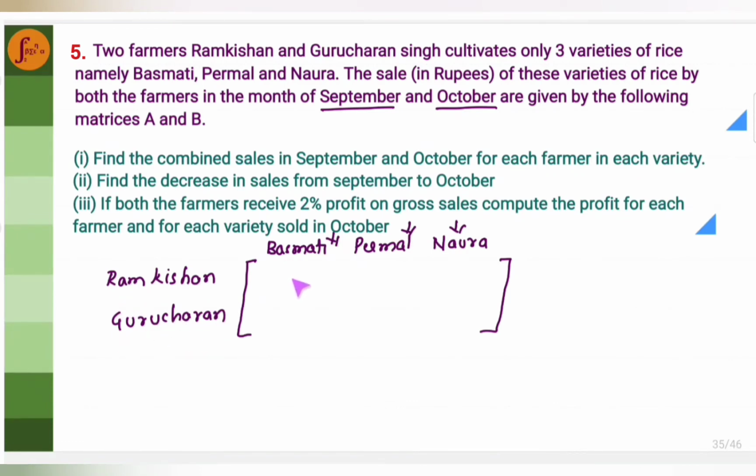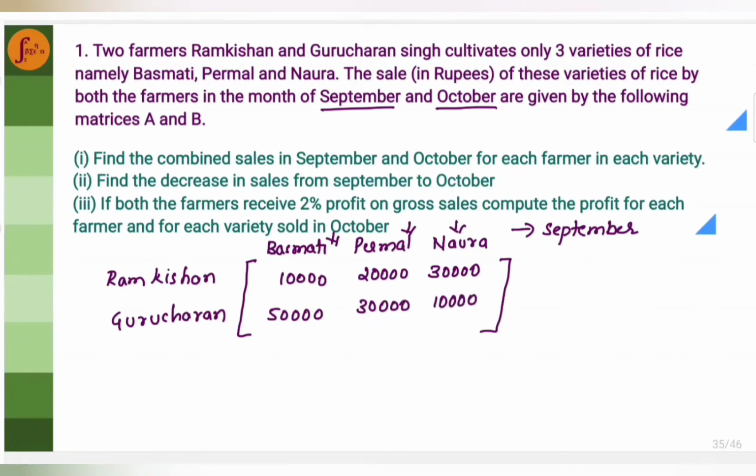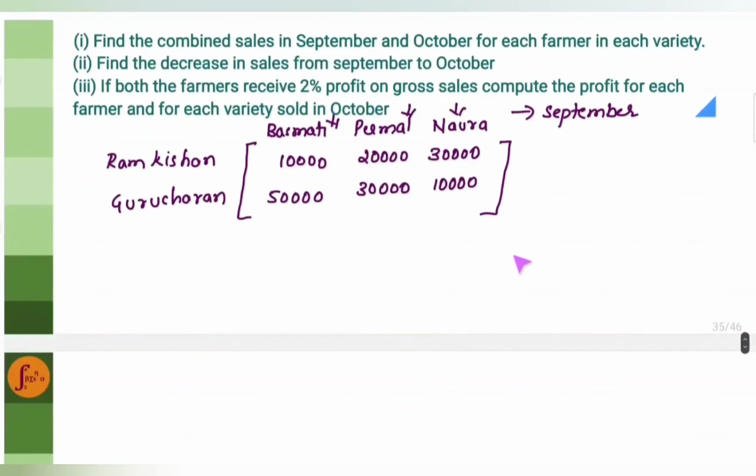Now let's put the sale value in the matrix, right? So they have given the sale value for September as, say, 10,000, 20,000, 30,000, 50,000, 30,000, 10,000. Similarly, we have it for October also.